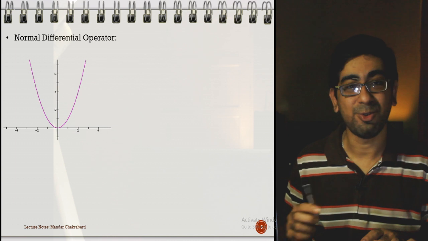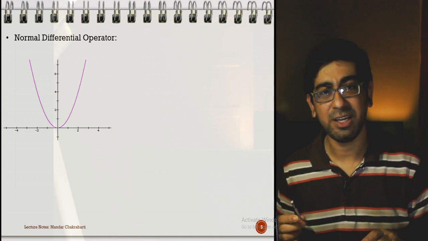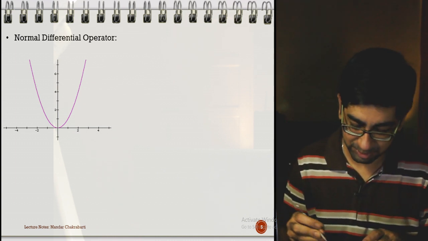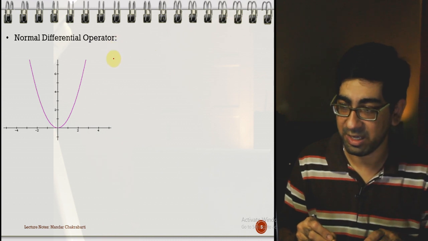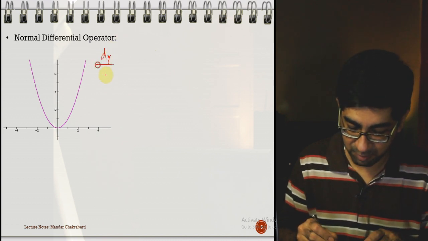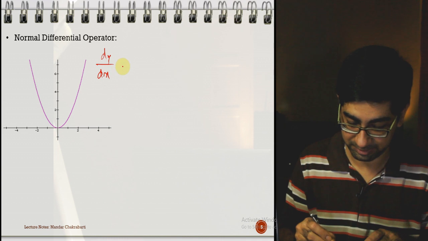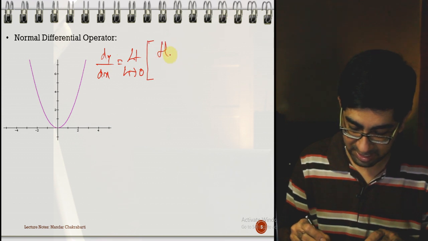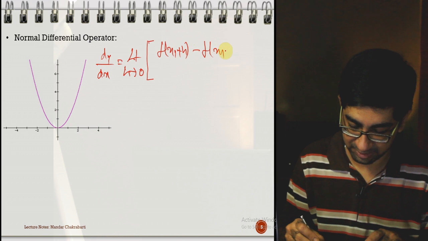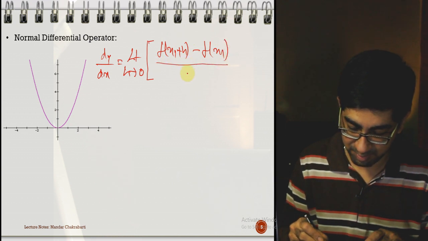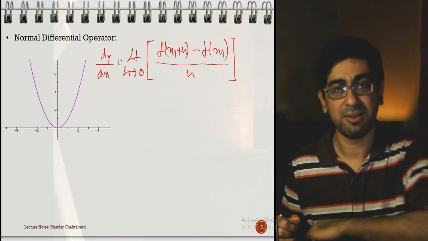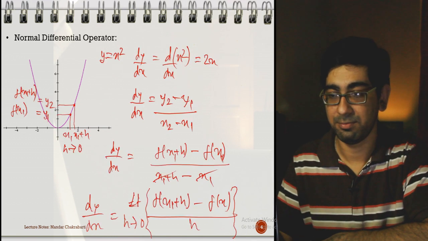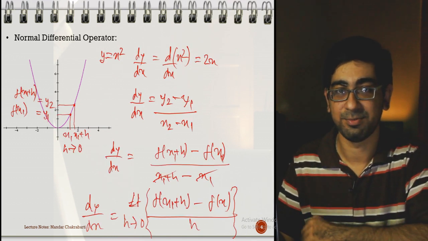Right, so inputting our specific expression over here, till now we have got dy dx is equals to limit h tends to 0 of f of x1 plus h minus f of x1 divided by h. Right? Go back, check it.